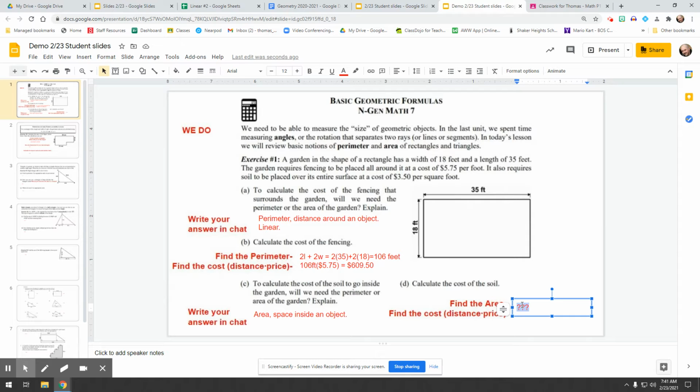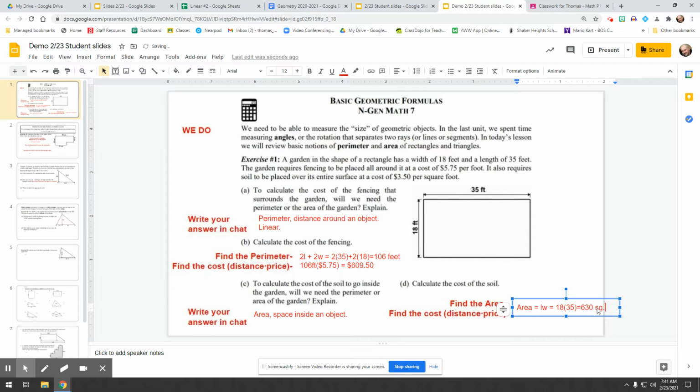So first of all, area, we remember, is length times width. In this case, the length is 18 and the width is 35. So you can grab a calculator and multiply 18 times 35 to get a total of 630. Now that 630 is measured in square feet.